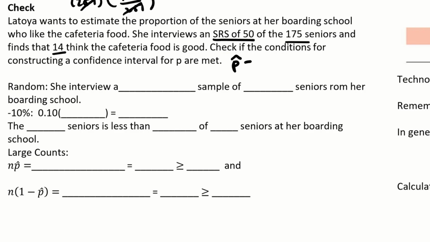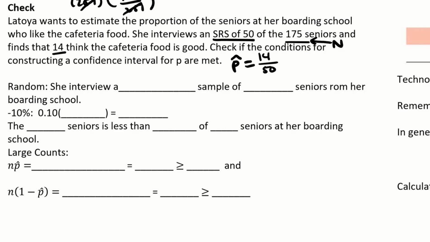Well, we had 50 people that we selected, and 14 think that the cafeteria food is good. So 14 out of 50, right? The 175 is the population size, so that would be the big N. Okay, but our little n is 50.